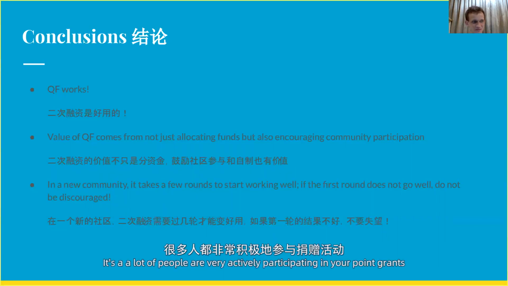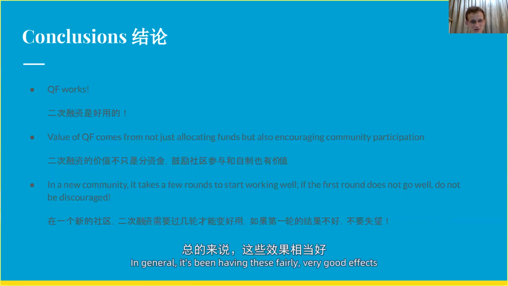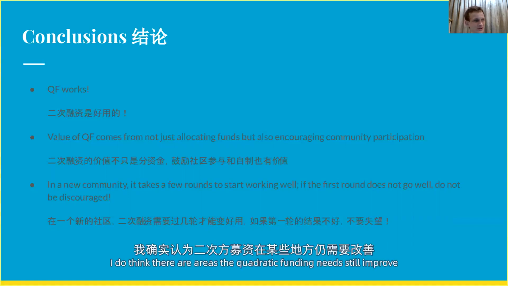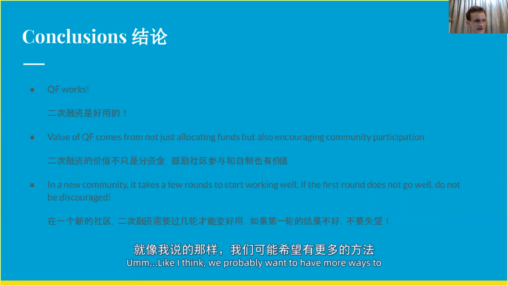A lot of people are very actively participating in Gitcoin grants, and in general, it's been having very good effects. Now, I do think there are areas where quadratic funding can still improve.